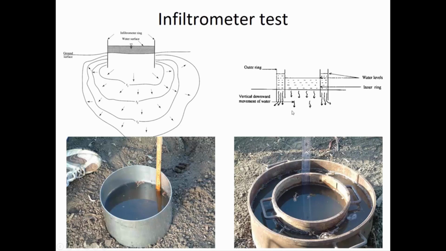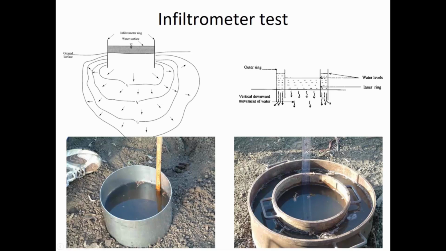So you can measure how quickly the inner ring drops, and from that determine, in the soil, how deeply it penetrated, and this outer ring is just causing the sideways movement. And so it's a way of isolating the downward effects from the sideways effects, and a field method for estimating infiltration rate.